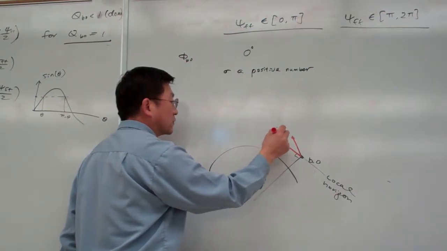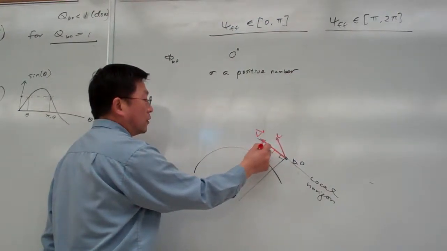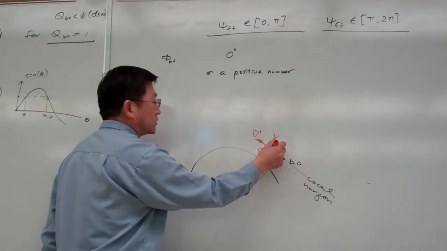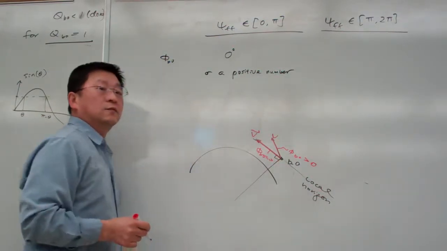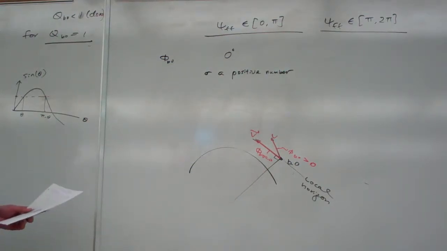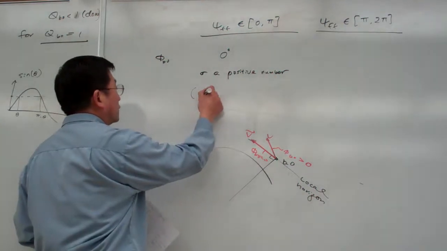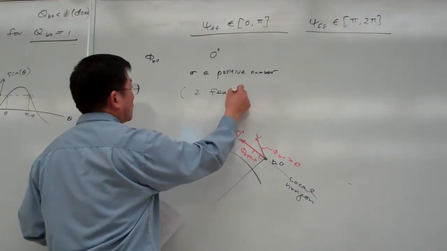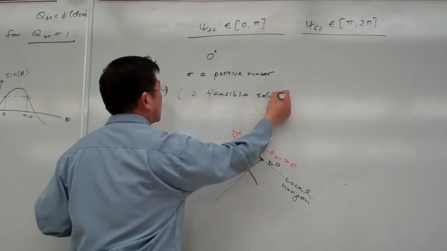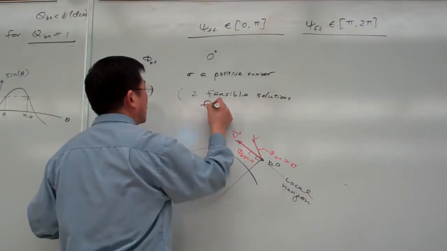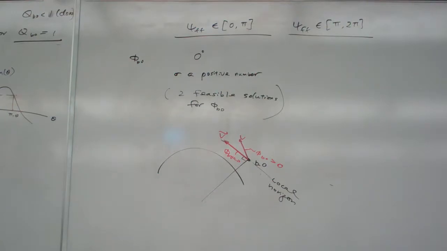For this case the corresponding VBO equal to 0, and for this case the corresponding VBO is greater than 0. So basically here we have two feasible solutions for VBO.